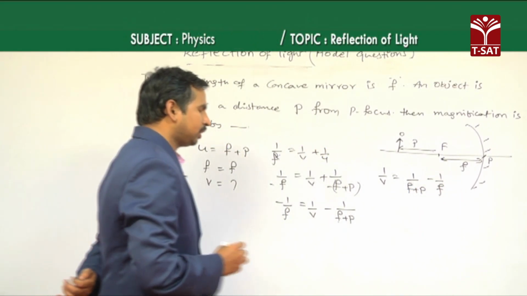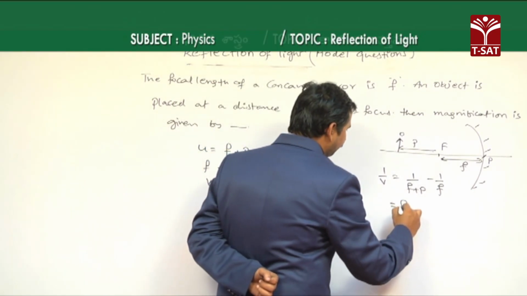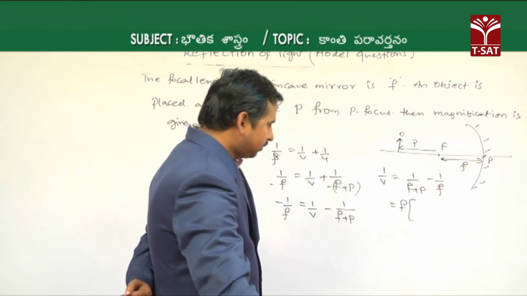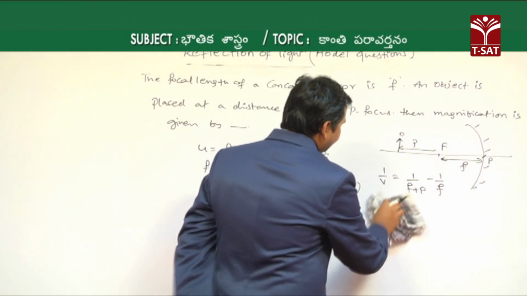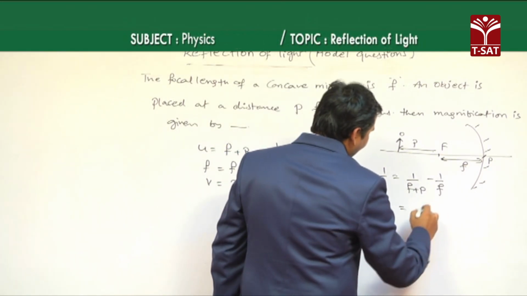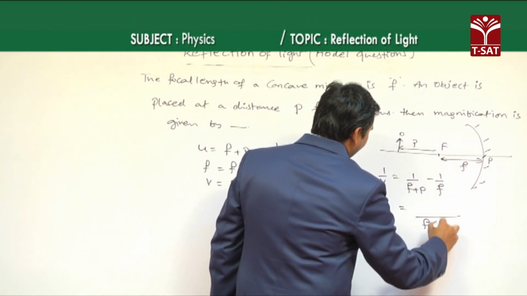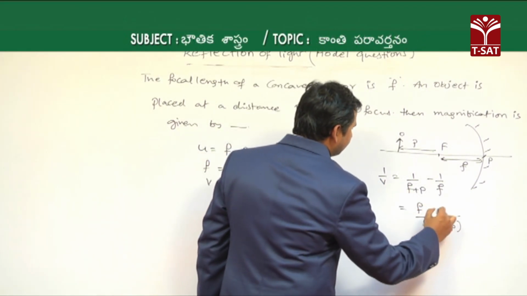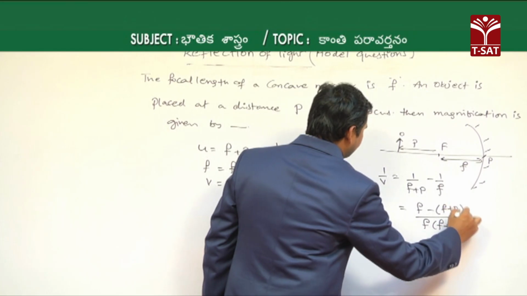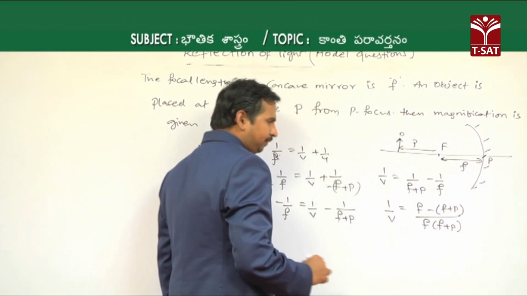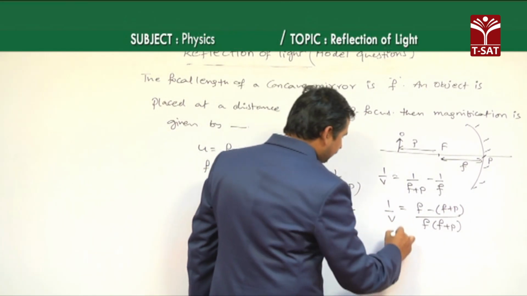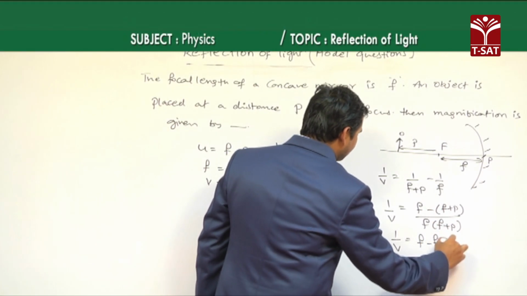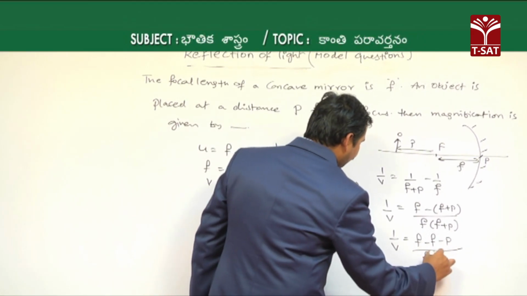Then if you take the LCM, you will get f of f plus p, so 1 by v is equal to f minus f plus p over f of f plus p. Simplifying, 1 by v is equal to f minus f minus p by f of f plus p.